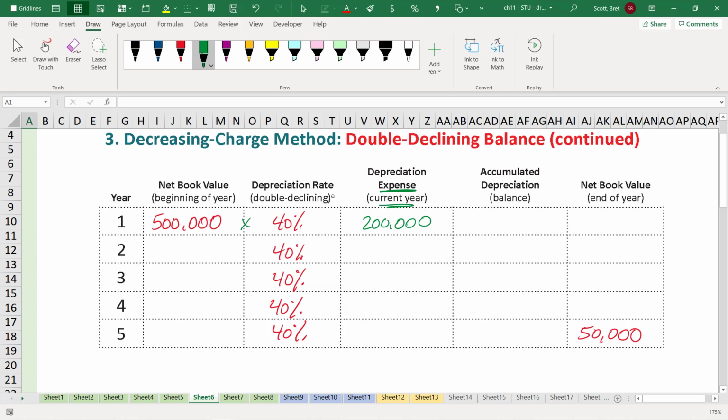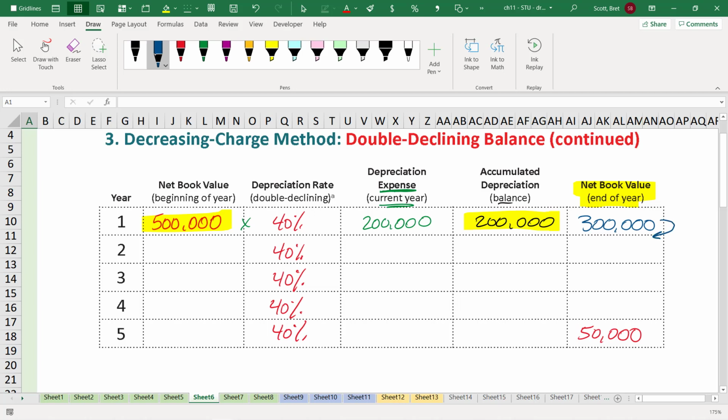If accumulated depreciation starts at 0, and then we include into that account $200,000, then the ending balance in accumulated depreciation is $200,000, which means if we subtract $200,000 from the cost, our net book value is going to be $300,000 at the end of the first year. Again, the cost is $500,000. We depreciated away $200,000 of it, so now the net book value is $300,000.